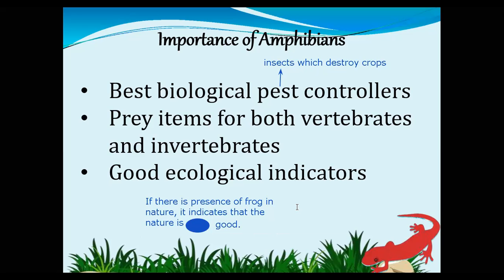If there is an absence of these amphibians, that means the environment is destroyed. The environment is not good. If there is a presence of frogs or amphibians, that means the environment is good there. Therefore, these frogs are considered good ecological indicators.